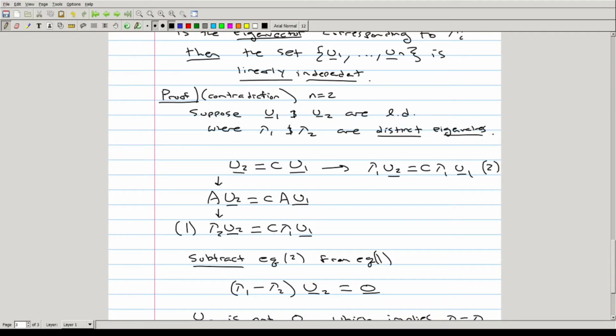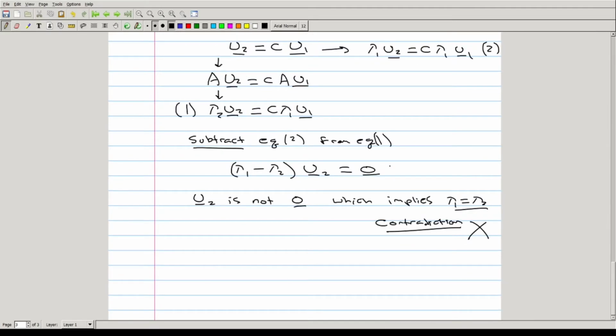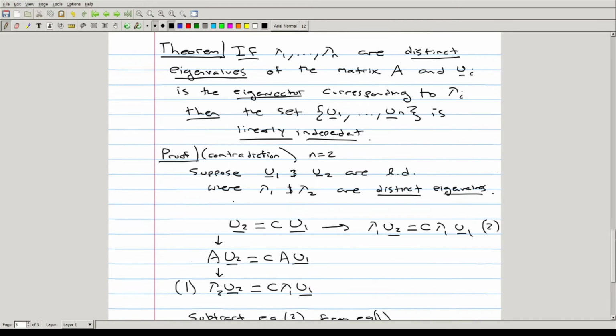So we're contradicting our assumption that lambda 1 and lambda 2 are distinct eigenvalues. So therefore, we've proven our theorem for the case n equals 2.